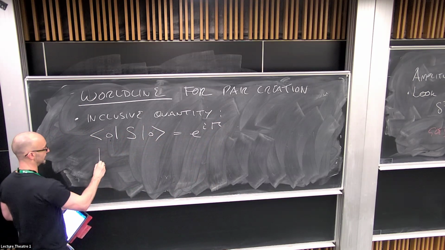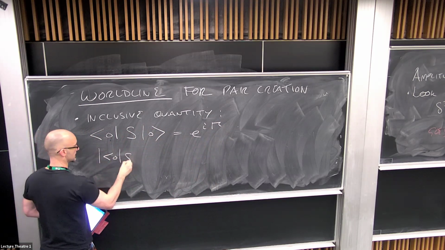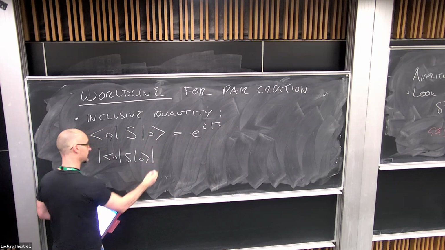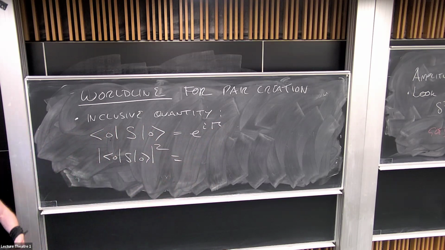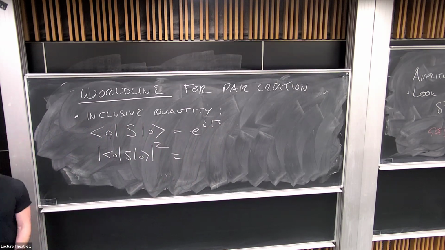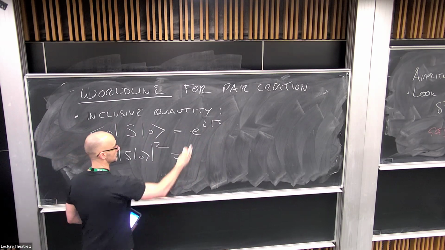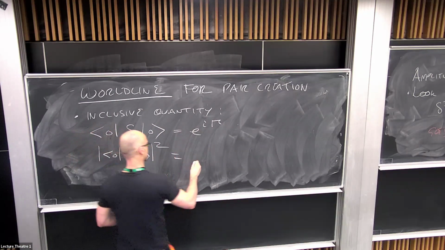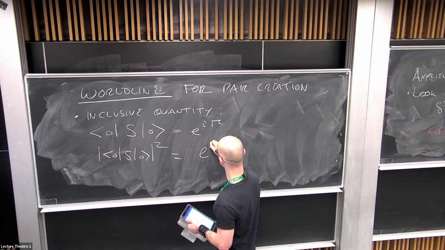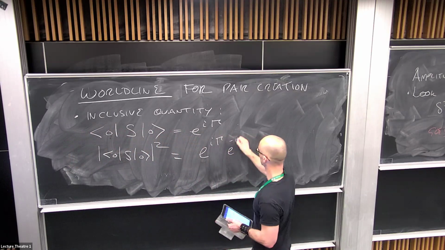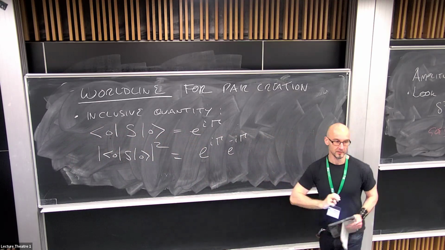And then what you find generically is that the probability to stay in vacuum, to start with vacuum and to end up with nothing of interest at all, is just e to the i gamma, e to the minus i gamma.